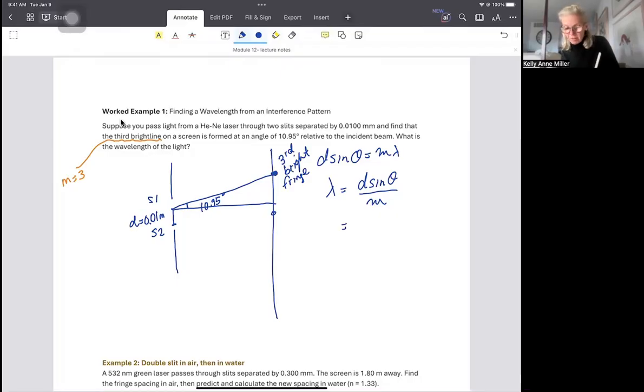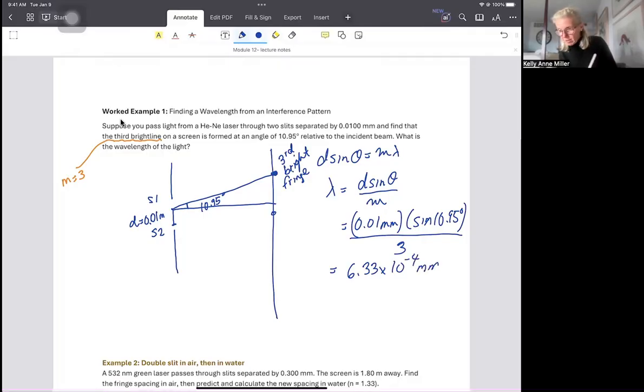Now I just plug in the numbers. 0.01 millimeters is the distance between the slits, sine of 10.95 degrees, and because it's the third order, I divide by 3. This is going to be 6 times 10 to the negative 4 millimeters, which is 633 nanometers.